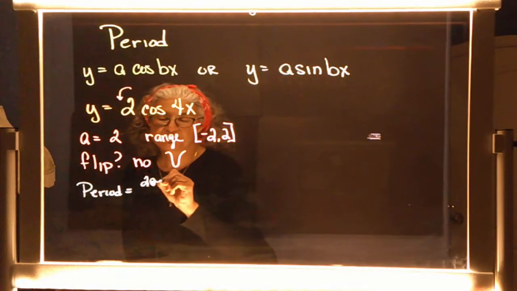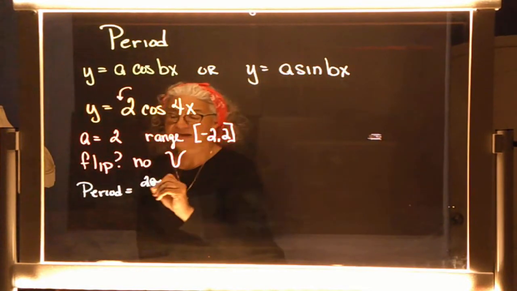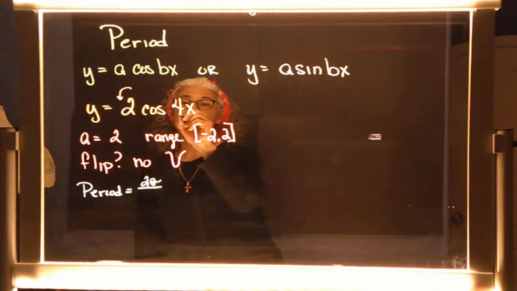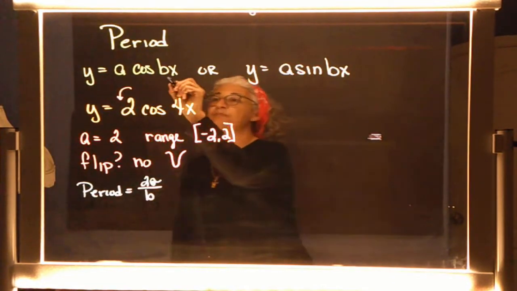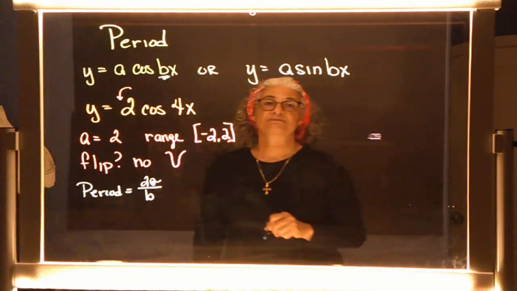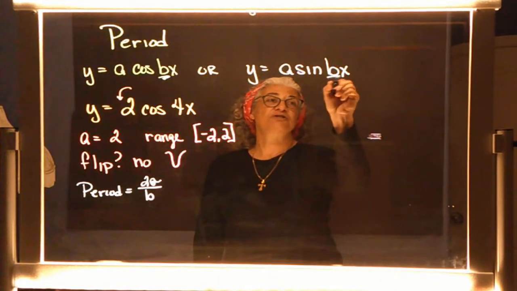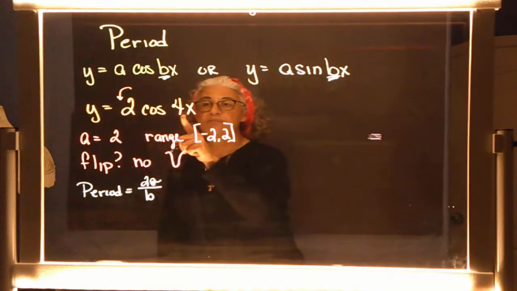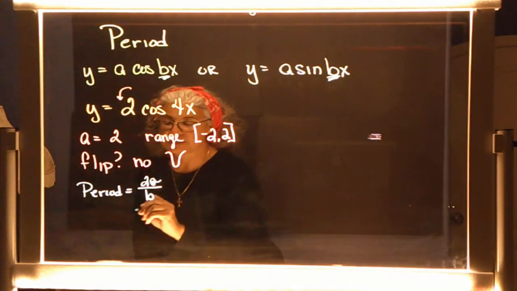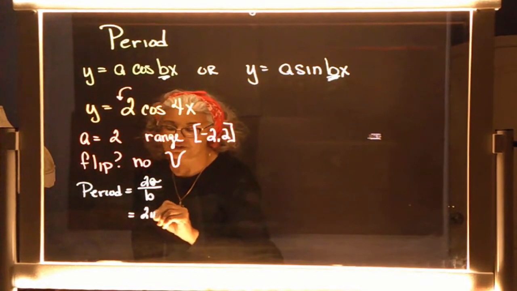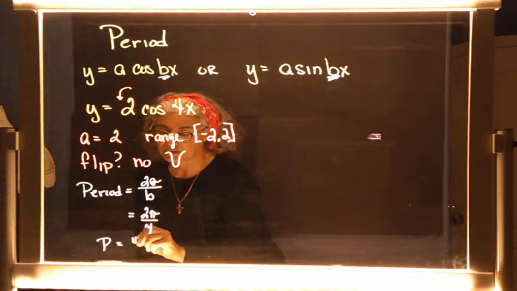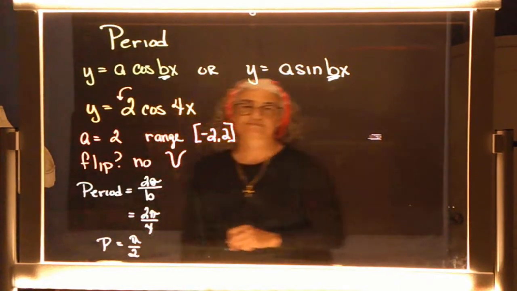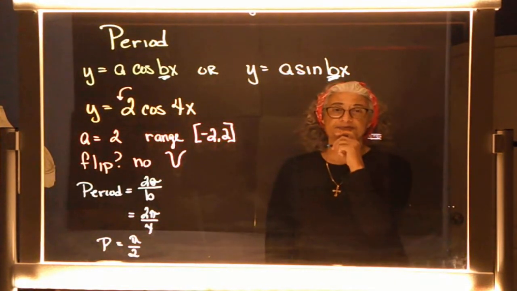So to find the period, I'm going to take 2 pi and divide it by the coefficient of x, which is this b right here. Okay? The coefficient of your x is b. Well, in my example, that coefficient is 4, which means the period is going to be equal to pi over 2. Got it?